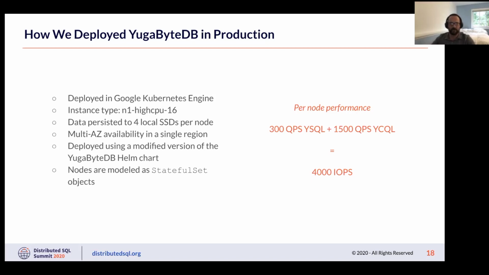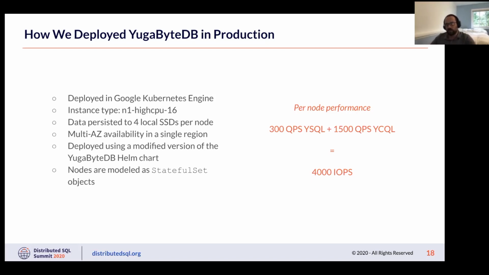We've deployed using Helm, using a modified version of the YugabyteDB Helm chart. So we've actually taken it and tweaked it for our use case. And within that chart, all of the nodes, including the masters and the tablet servers, are all modeled as stateful set objects.